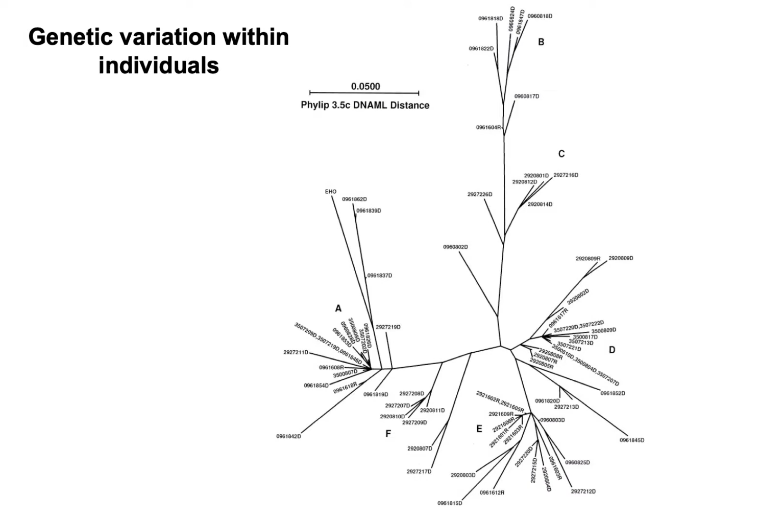So although there's a great deal of variation throughout the world, you might be surprised by this one, because these are different sequences that were obtained from a single individual human who had HIV, and these samples were taken at different times, varying over several years.